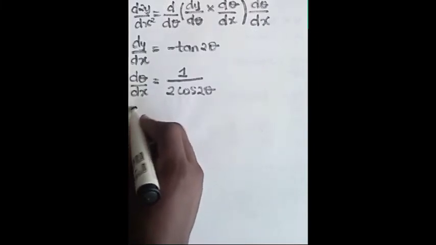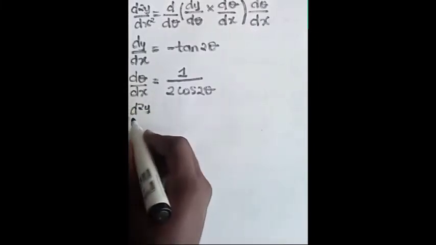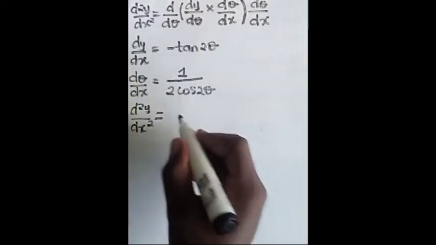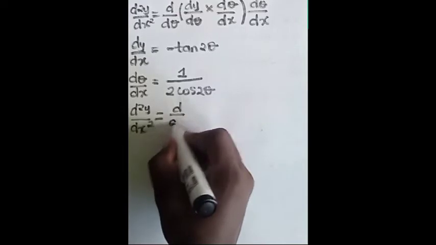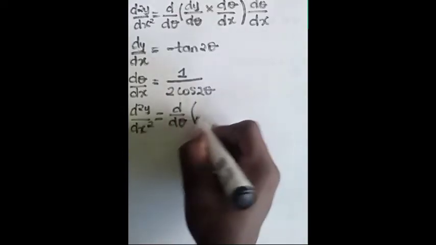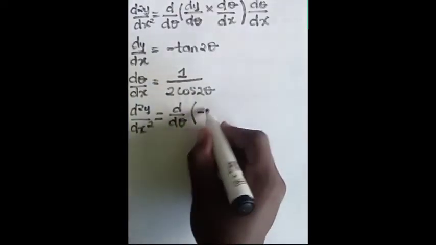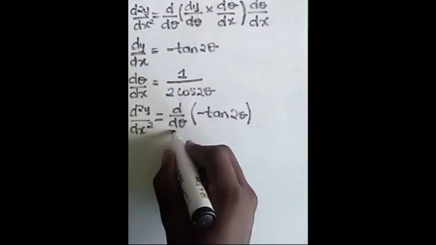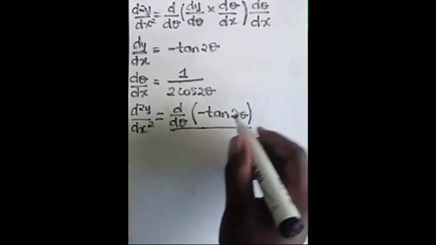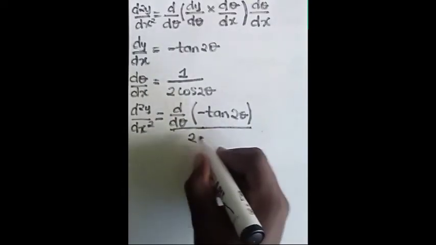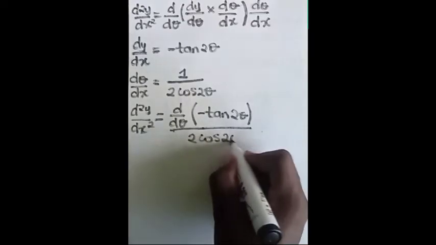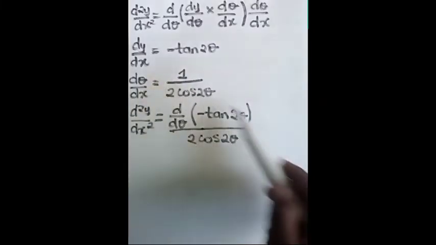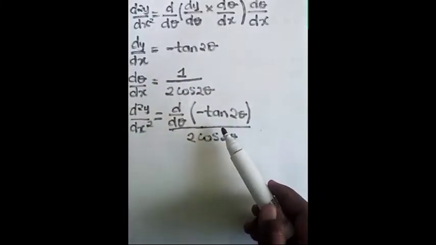So fitting it in the equation, d²y/dx² is going to be equal to the derivative of negative tan 2 theta, all that over 2 cos 2 theta. I'm dividing it by 2 cos 2 theta because if I multiply here, this is going to move under here.